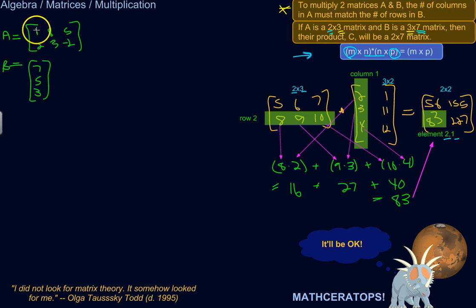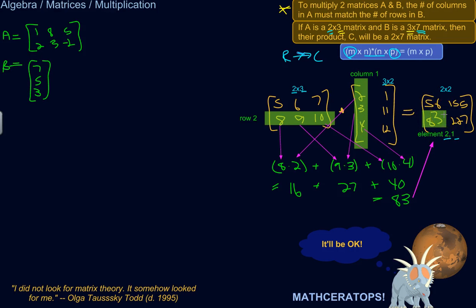Multiplying A by B is not the same as multiplying B by A. So we multiply the rows of the first matrix by the columns of the second matrix to get your product. This is element 2, 1, meaning it's in the second row, first column. That means I multiply the second row of the first matrix by the first column of the second matrix to get the value of this element.